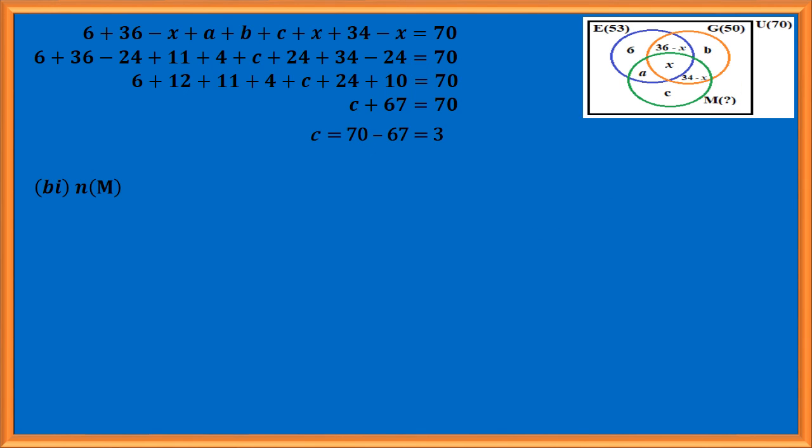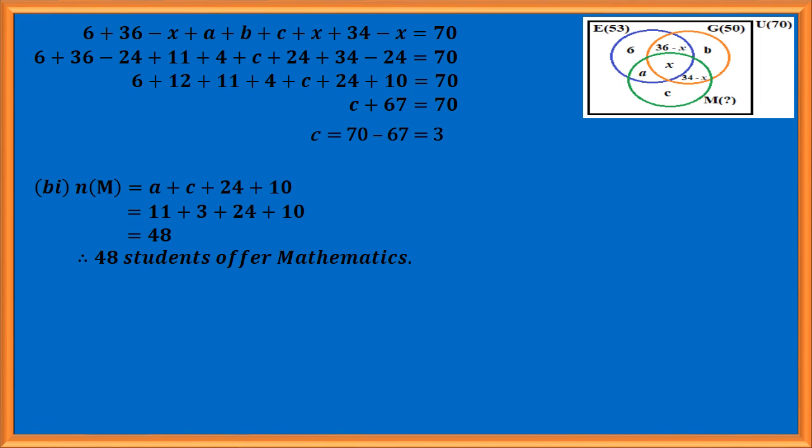So replacing that, number of mathematics will be a plus c plus 24 plus 10. That is, the 24 is the x, then the 10 is the 34 minus x. That gives us, replacing a and c, number of mathematics to be 48. So therefore 48 students offer mathematics.